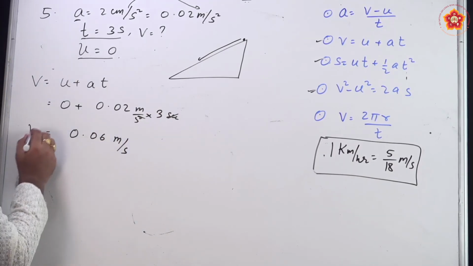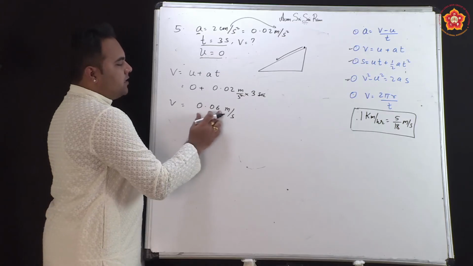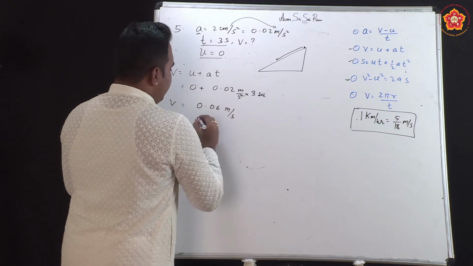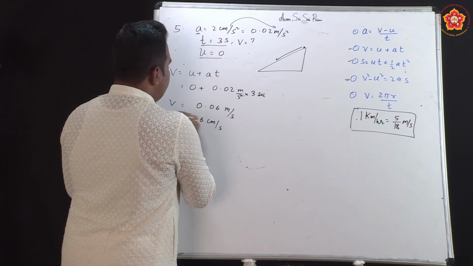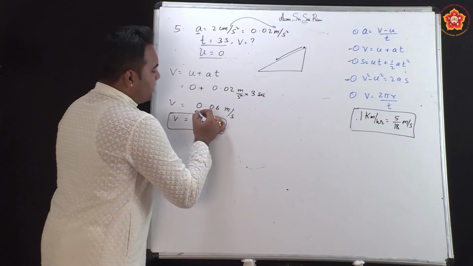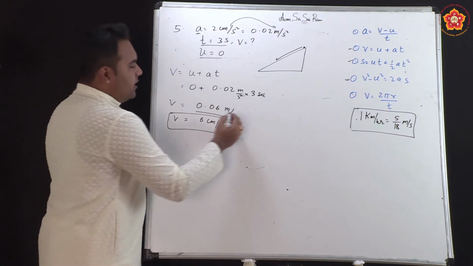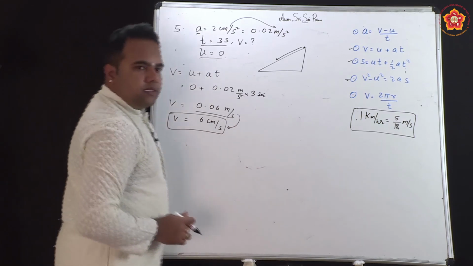The velocity calculated in SI units will be 0.06 meters per second, or expressing it conveniently, 6 centimeters per second. So this will be the velocity acquired by the object. We can leave the final answer in meters per second, or we can write it in the convenient unit of 6 centimeters per second.